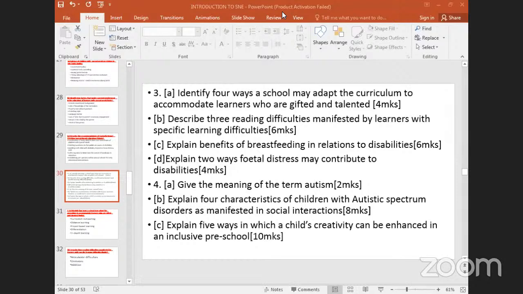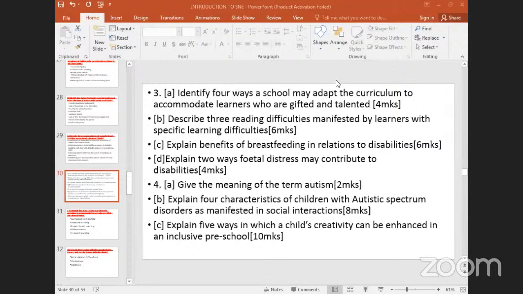And I always say that the verb, the doing word in every question, determines the marks that are going to be awarded. If I look at that question, identify is 1 mark. In what category is identify?